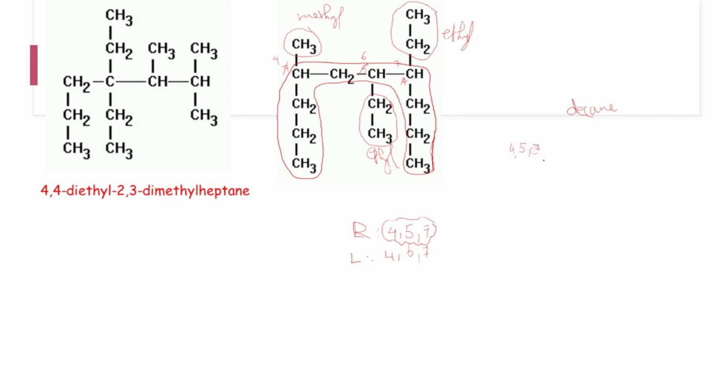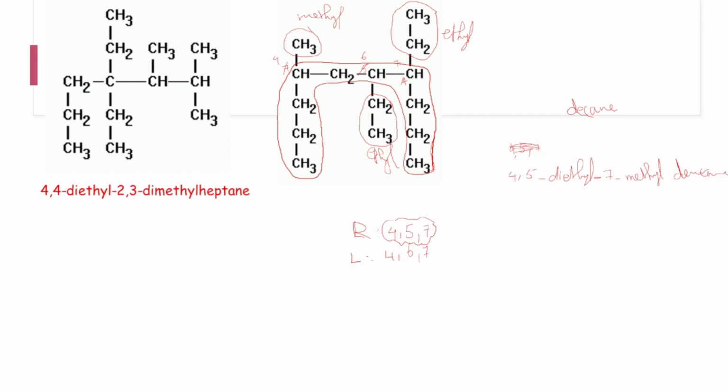So I'm going to have 4 ethyl and also at 5 ethyl, so 4,5-diethyl. And at carbon number 7, methyl. So now we have 4,5-diethyl, 7-methyl decane.